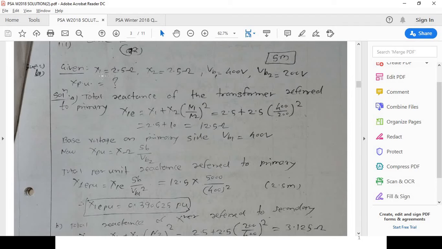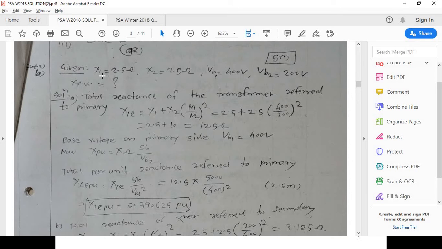But we have the idea that whenever we deal with per unit values, the base value we need to select, and the base value of the power remains the same throughout the system, whereas the base value of the voltage changes as per the transformer ratio.